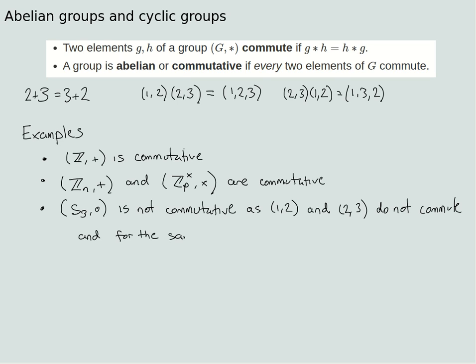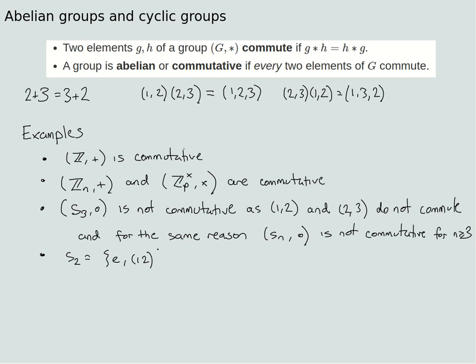So for the same reason, Sn under composition is not commutative for n greater than or equal to 3. On the other hand, if you look at S2, the permutations of two things, it's only got two elements.